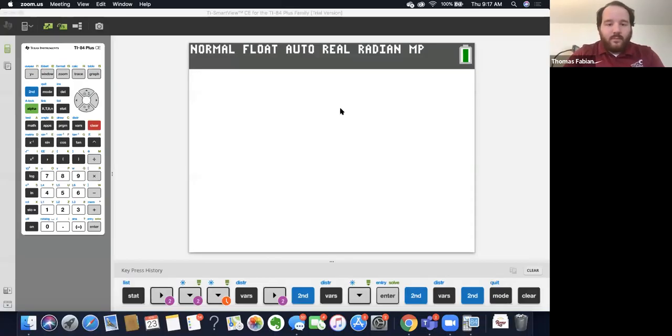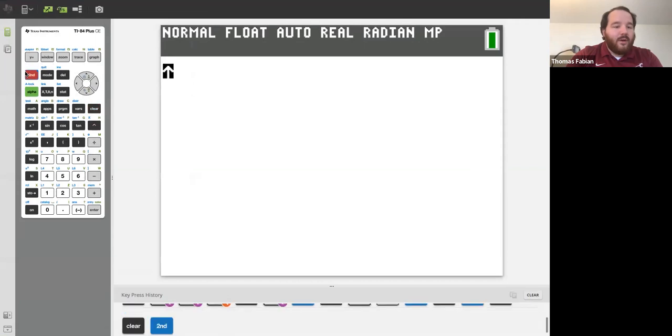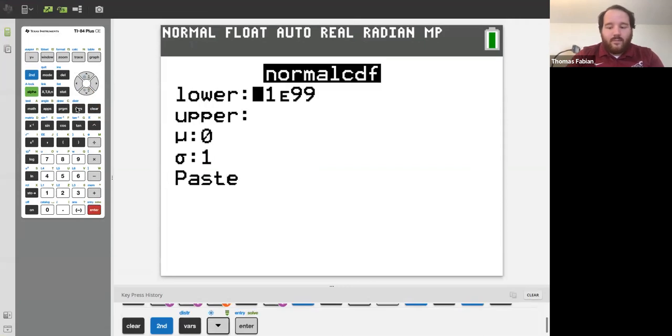So for this, I would jump back into Zoom. I would go 2nd Vars, and we would go to normal CDF. My lower would be 1.2.